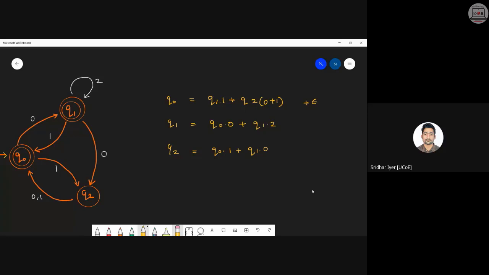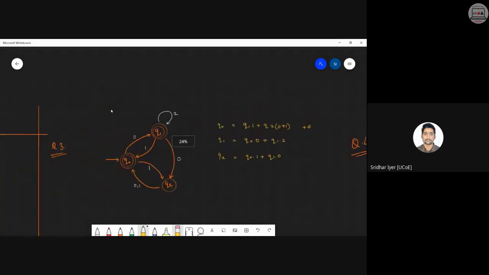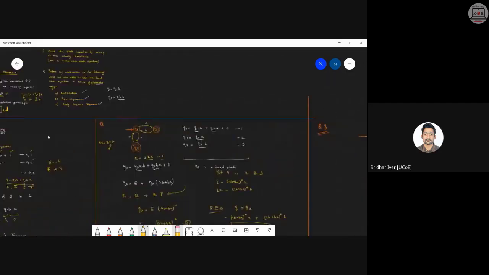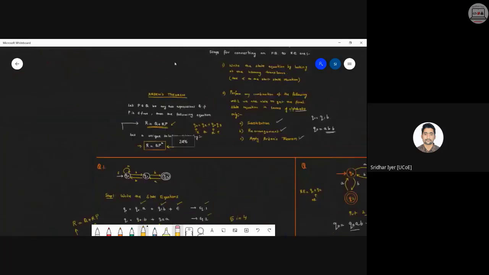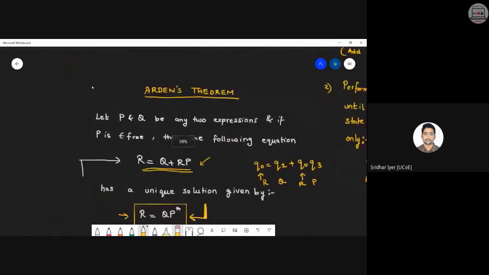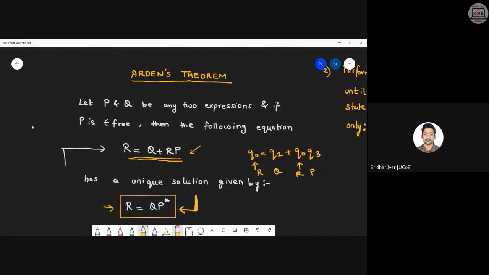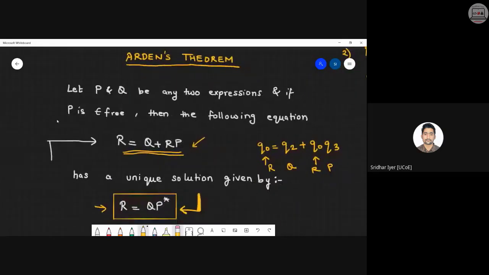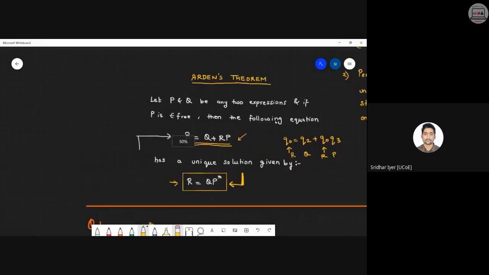Because what happens is we need to get rid of that epsilon. If you remember, let me go back to the definition. Let's see what exactly is mentioned over here. Let P and Q be any two expressions, and if P is epsilon free, so we have to make sure that whatever equations we are trying to frame become epsilon free.